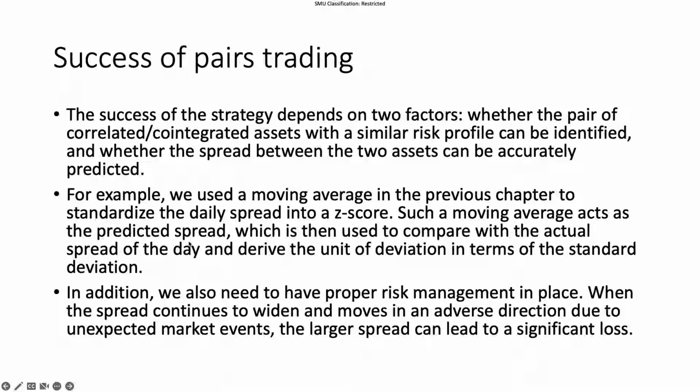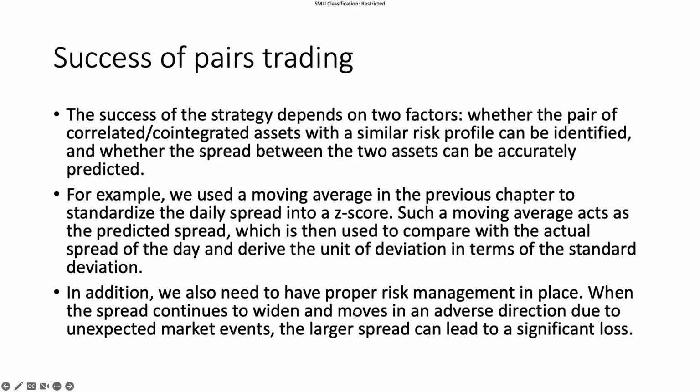So we predict the spread to be the quantity, and then we calculate the difference, which is a z-score, a standardized difference. So that's how we use the moving average as a prediction. Of course, this is a very naive prediction, and in this case, we want to use a machine learning technique to do the prediction, which will give us more accurate predictions.